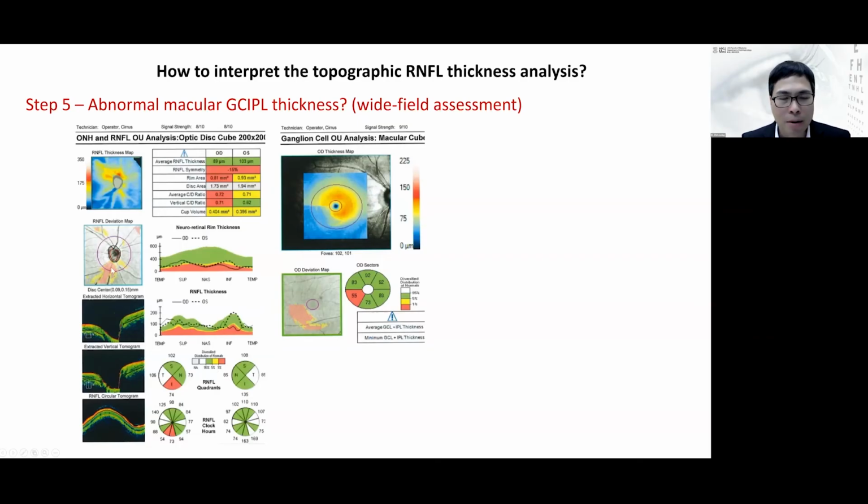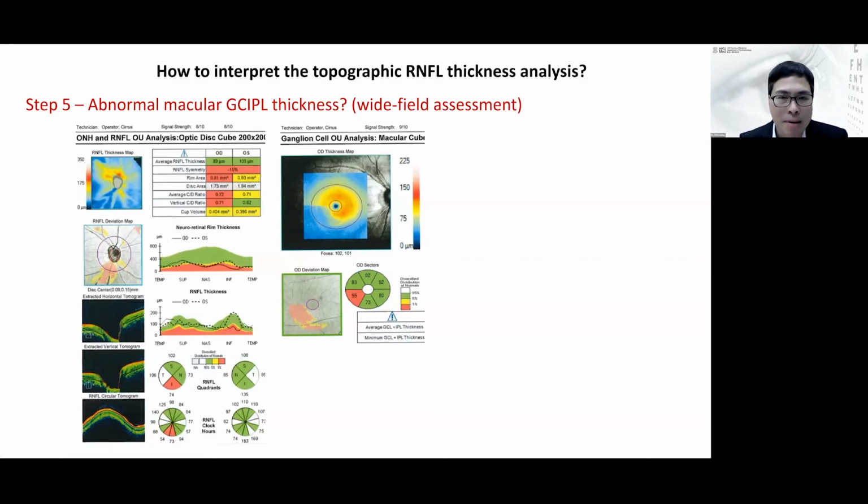In the deviation map, we typically don't get this beautiful wedge-shaped pattern because this annotation is not perfect. But the idea here is we get a bigger area of abnormality when we move away from the disc margin. So imagine when we move further away towards the macula, we are actually able to see a bigger area of defects.